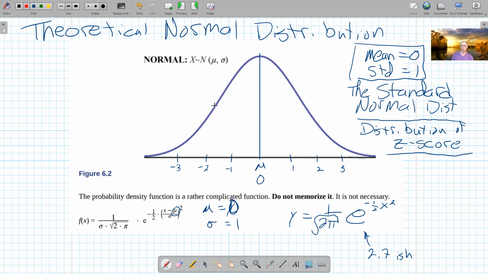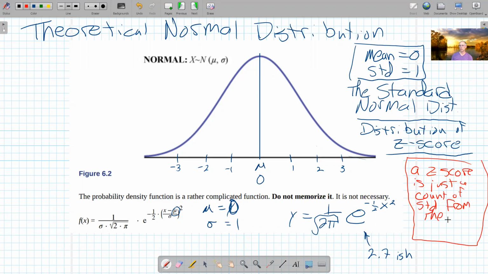So just a note from our way back memory of weeks past: a z-score is just a count of standard deviations from the mean. So over here, if my z is 2, that means I'm 2 standard deviations above the mean. Over here, if my z-score was -3, that means I'm 1, 2, 3 standard deviations below the mean.